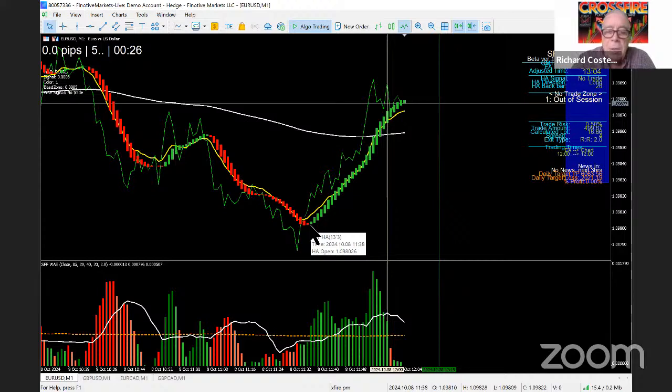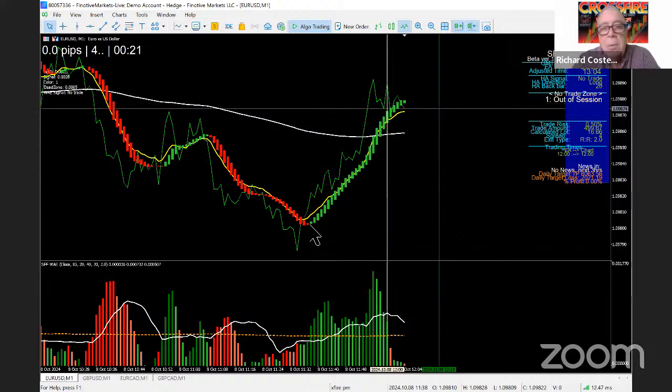I've got my trading assistant set to take that wave change into account if it happens within the last 20 candles. Now that's something that you can change in your settings if you feel it'd be better to have up to 30 candles, 25 candles, or perhaps even less than 20 candles. That's personal choice.